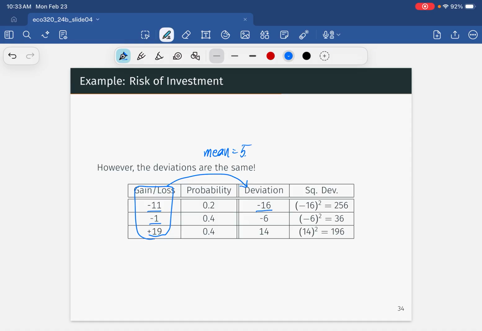Minus 1 minus 5 equals minus 6. Positive 19 minus 5 equals 14. Okay, so we get a new random variable named deviations. And then we will square them to calculate the squared deviations.